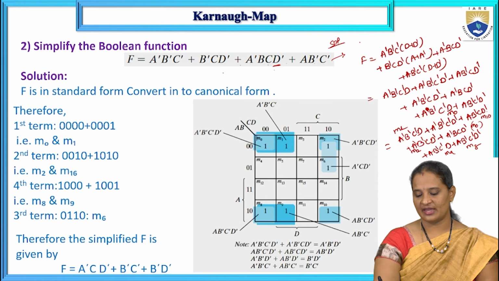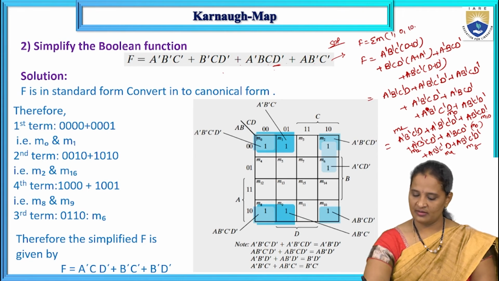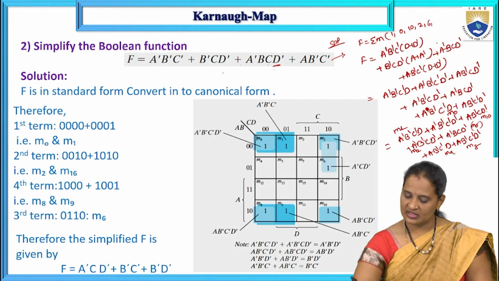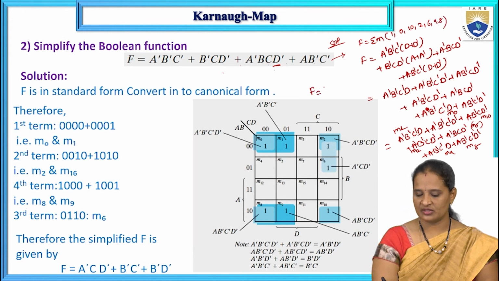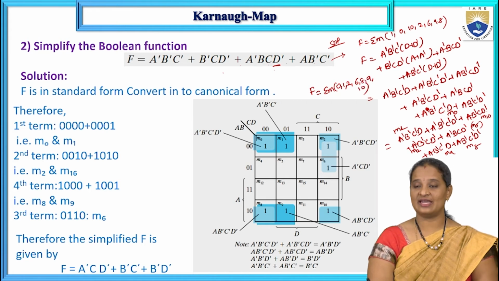So that means I can write this function as summation M of 1, 0, 10, 2, and this one is 6, 9, 8. If I rearrange the terms, F is equal to summation M of 0, 1, 2, 6, 8, 9, 10.